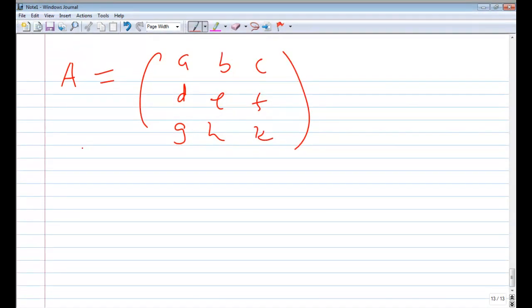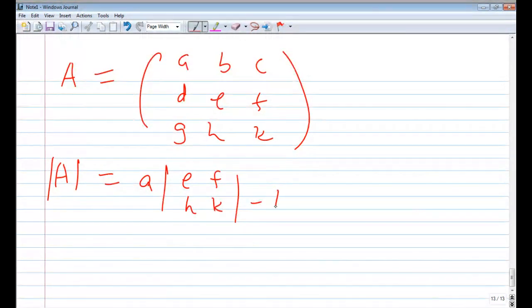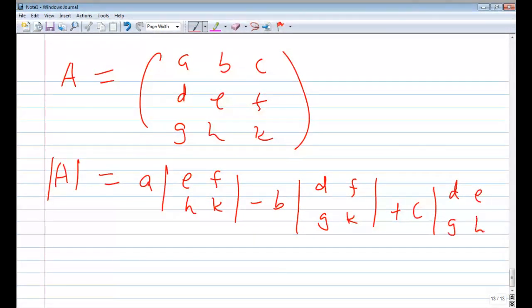Now you just want to find the determinant of A. What you do: take A, find the determinant of E, F, H, K, and minus B times the determinant of D, F, G, K, and plus C times the determinant of D, E, G, H.